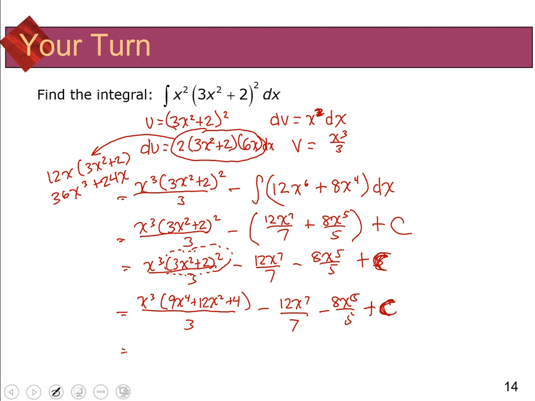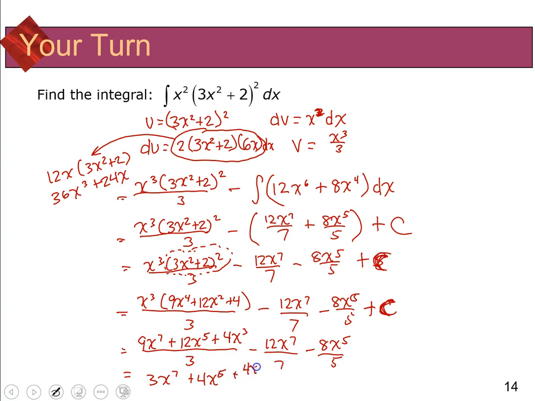Carry through the x cubed up there. I'm going to have 9x to the 7th plus 12x to the 5th plus 4x cubed all over 3, which is going to give me essentially 3x to the 7th plus 4x to the 5th plus 4x cubed over 3.